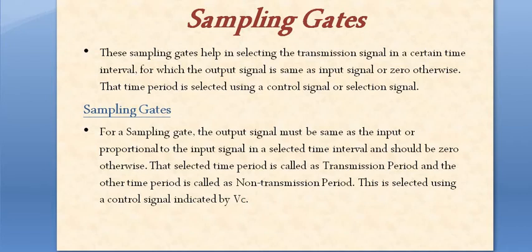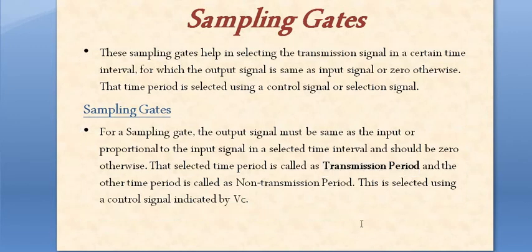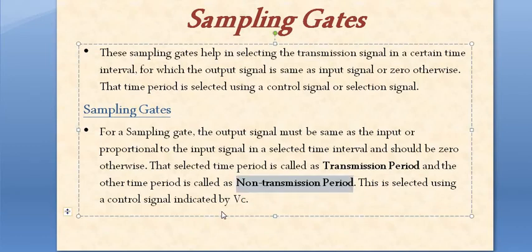That particular selected time is called the transmission period. If you see this here, this is what we call the transmission period. Suppose I am giving a voltage of some 5 volts for some particular time period.